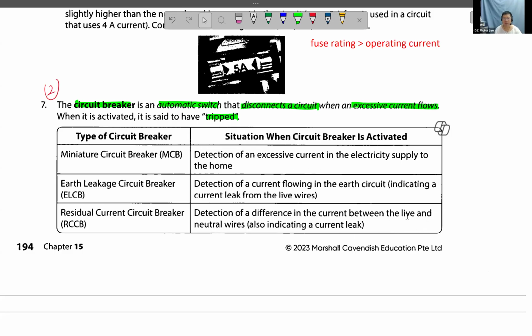For example, the live comes in with 13 ampere, but what goes out through the neutral is only 10 ampere. So 3 ampere must have leaked somewhere to the earth. Maybe through the person's body, the 3 ampere flows through the person's body to the earth. That's why there's a difference. They call it residual current circuit breaker.